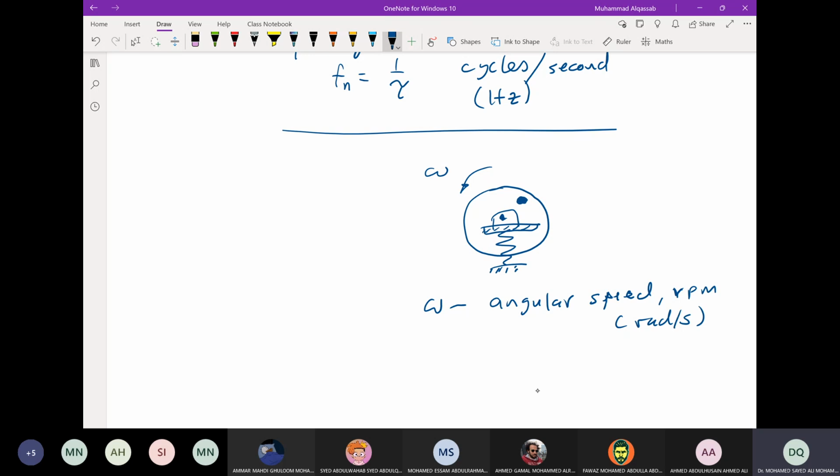And this, when in rotation, will give a centrifugal force outward. If this mass is M and it is at a distance E, the centrifugal force is M E omega squared.